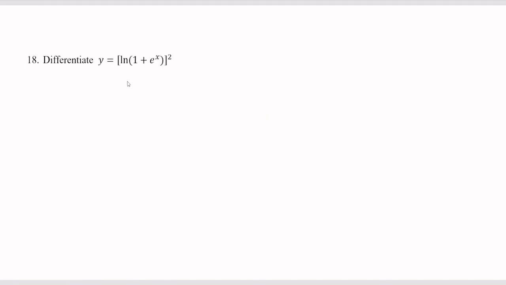Okay, with this one, I again see an inside and an outside. I see for my first function, f of x will be x squared, because it's the square, that's the most outside thing. The inside here will be natural log of 1 plus e to the x. Okay, this one though has its own separate chain rule, right? So the outside, which we'll call O, is natural log.